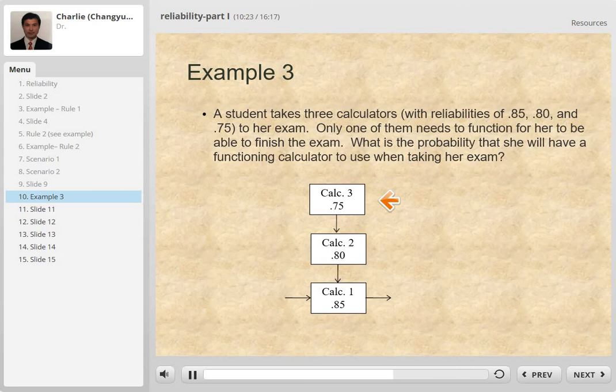Only one of them needs to function for her to be able to finish the exam. Here comes a question. What is the probability that she will have a functioning calculator to use when taking her exam? In other words, at least one works. What we are going to do is use our rule 1 and rule 2 several times.